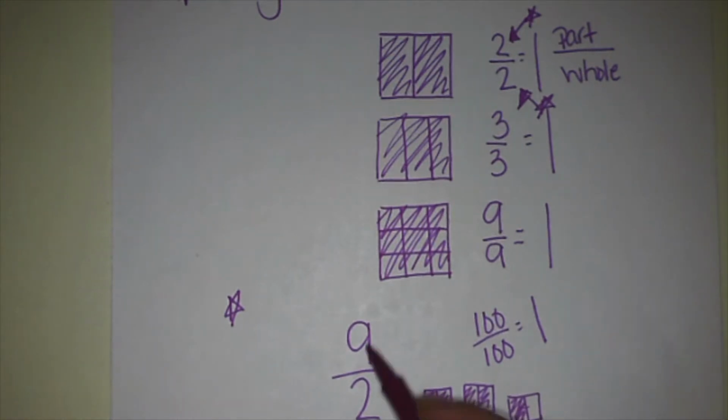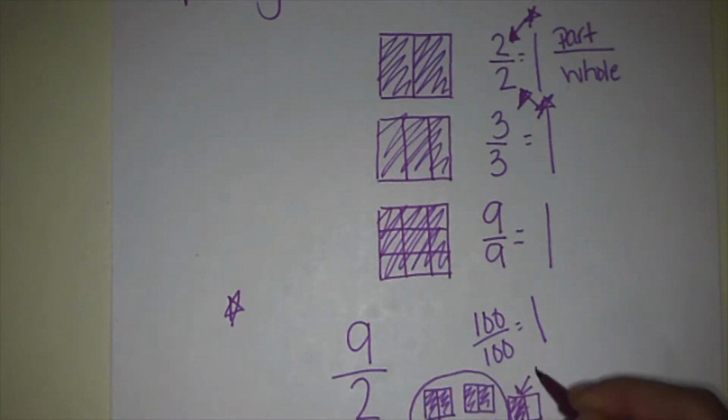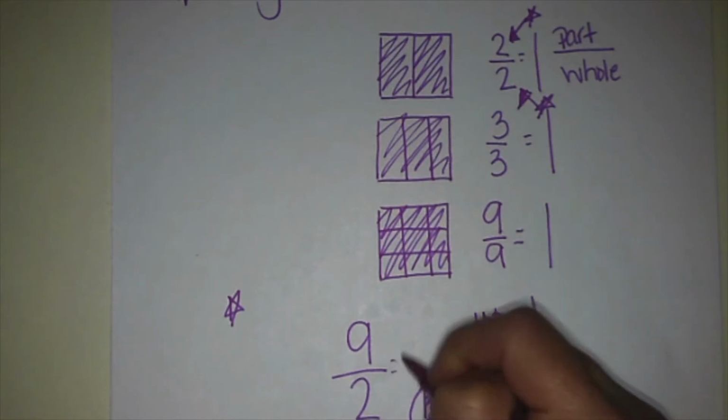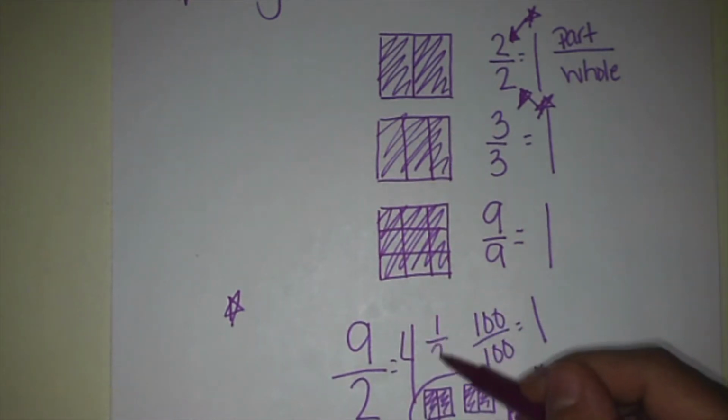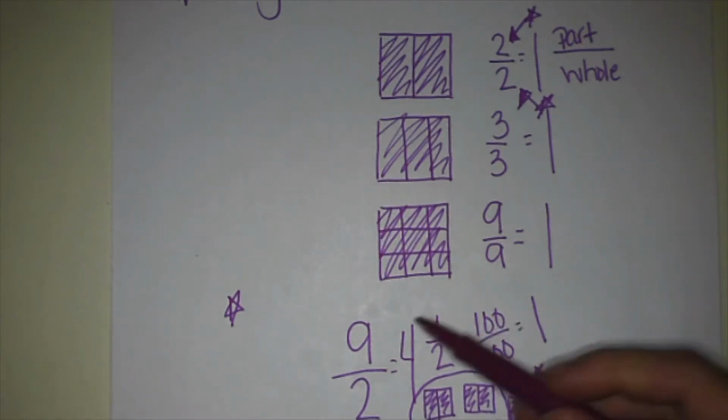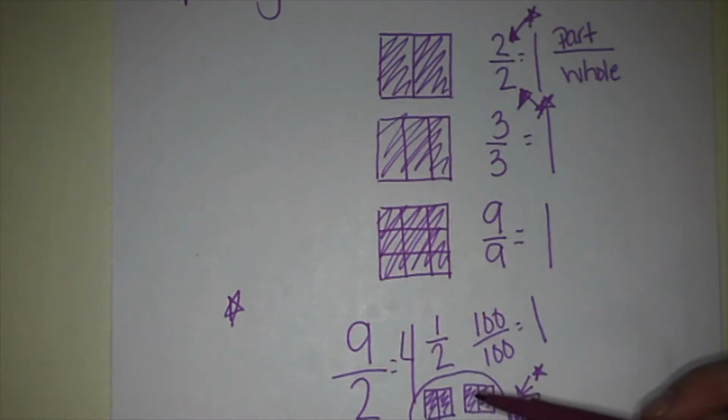So what this tells me is that 9/2 is the same thing as 4 wholes and 1 more piece of the whole. So 9/2 is equivalent to a whole number 4 and 1 out of 2 more. So 9/2 is greater than 1.